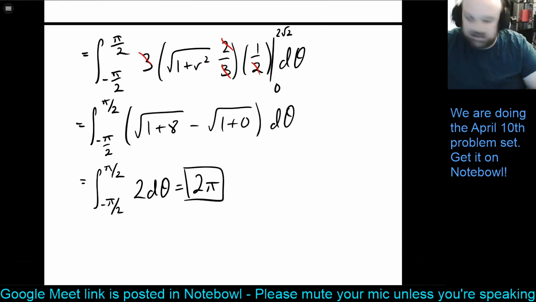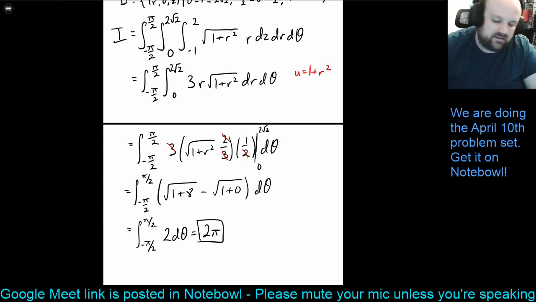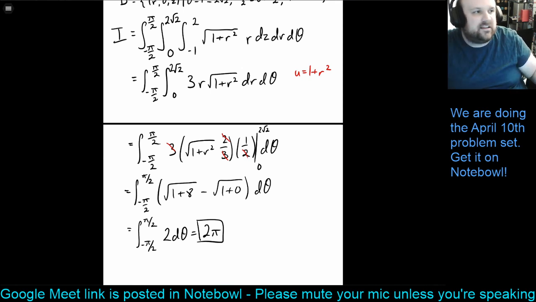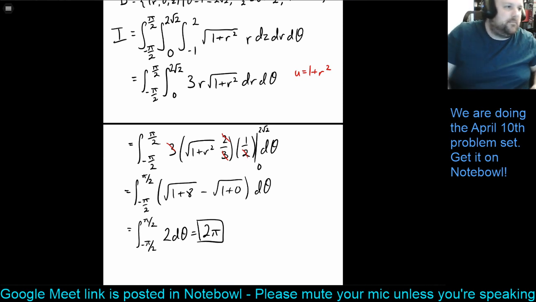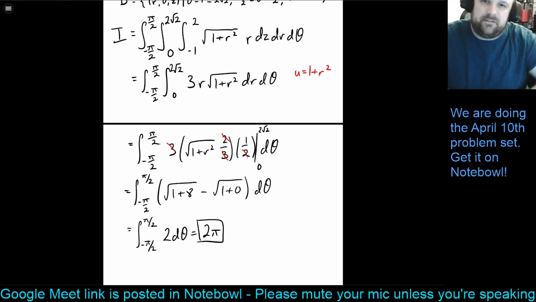Again, the actual computation is less interesting here than being able to switch it to the correct coordinate system. But also, the benefit of different coordinate systems is that it allows you to simplify integrals into a form that you're able to compute.